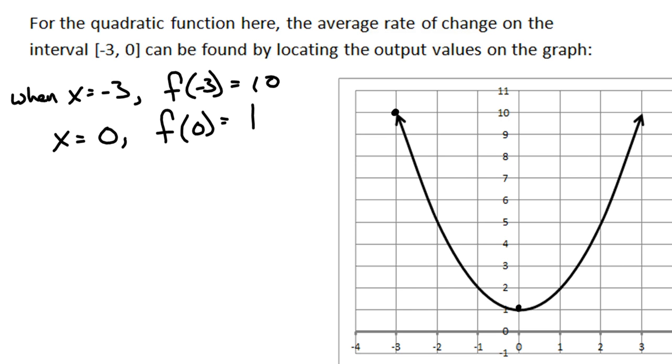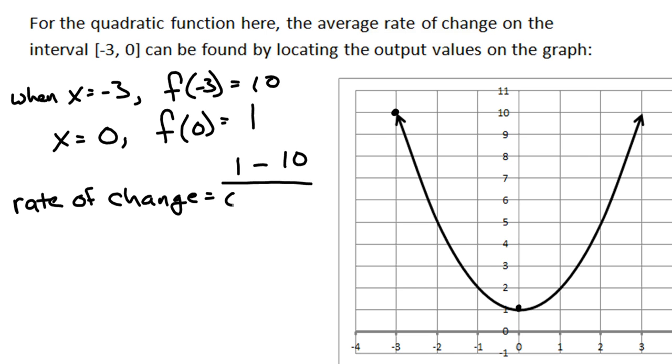So if we want to find the average rate of change, we can look at the rate of change in the y's divided by the rate of change in the x's.